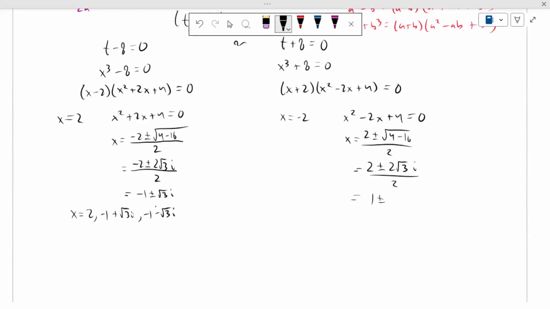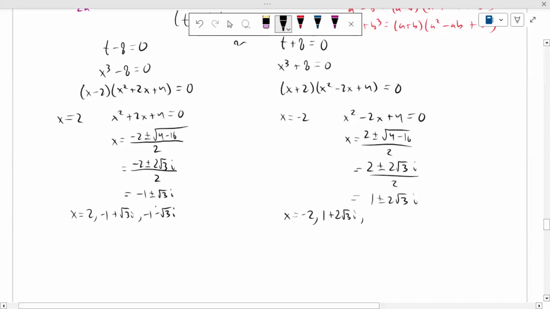So we're going to get 1 plus or minus the square root of 3i. The only thing that's changed there is your b value, which is now negative instead of positive, so it makes sense that we get a very similar solution. So over here we get x equals -2, 1 plus the square root of 3i, and 1 minus the square root of 3i.